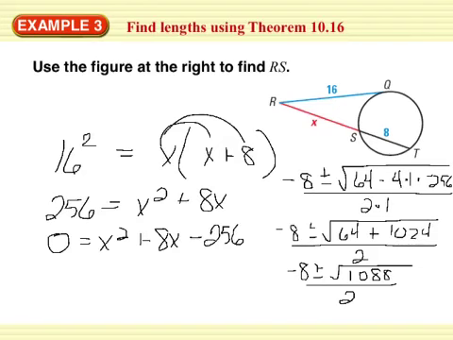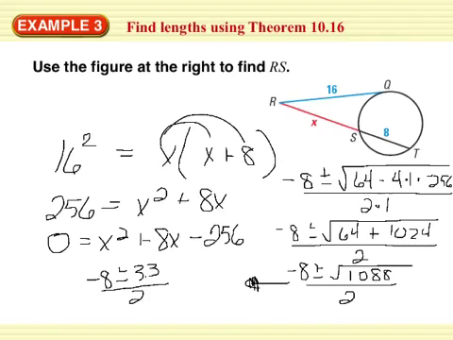Square root of that is 32.99. Let's make that 33, over 2.